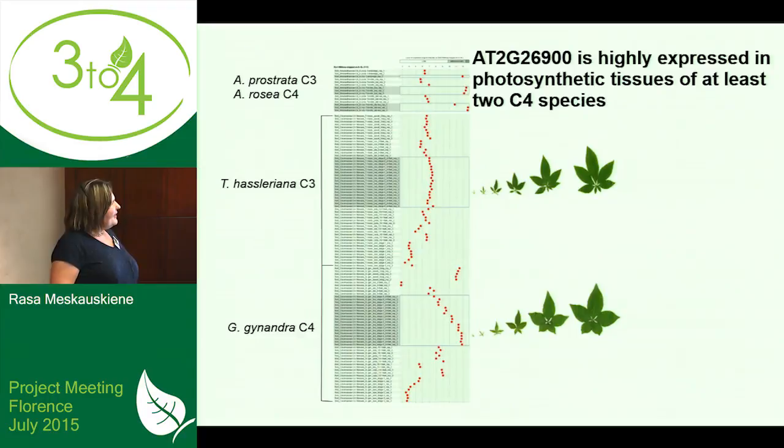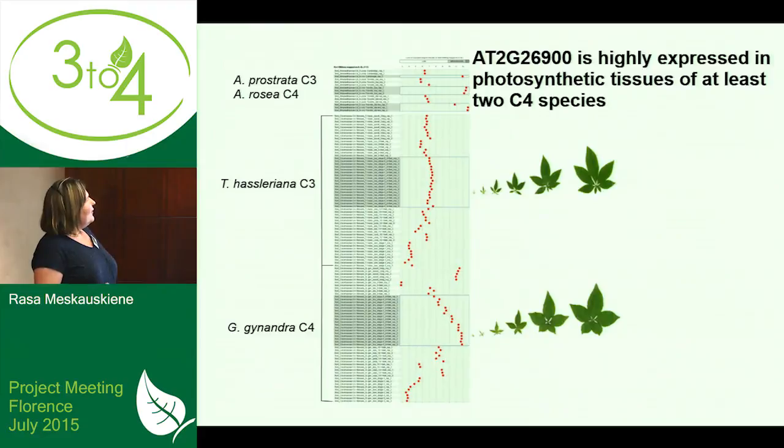However, in the C3 plant, when the leaf grows, gene expression doesn't change. So that's a good correlation. And also, if you look at the C4 plant, non-photosynthetic tissues don't really express that gene much.